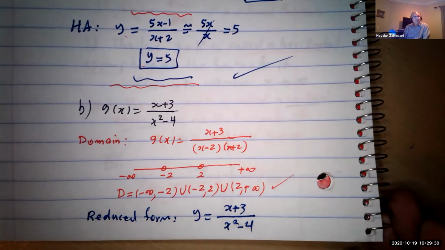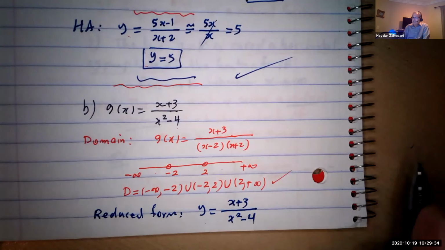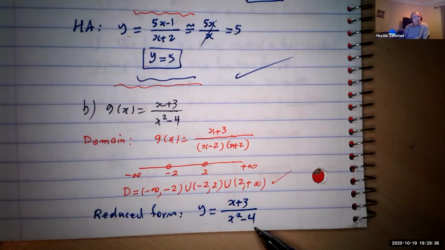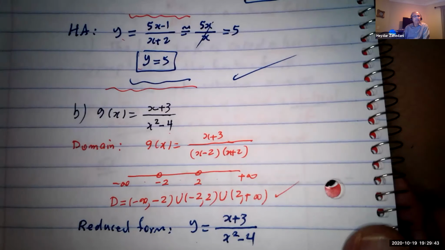So we continue. Vertical asymptote starts with the denominator equal to 0. When the denominator is 0, y would be infinity. So vertical asymptote. Okay, ready? Vertical asymptote.